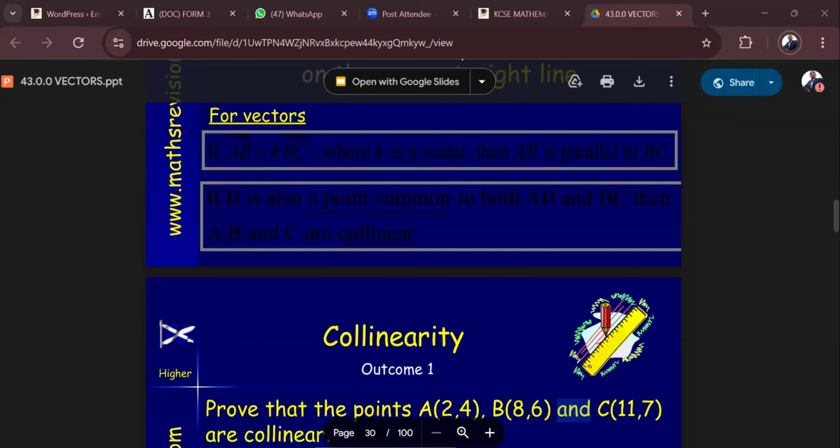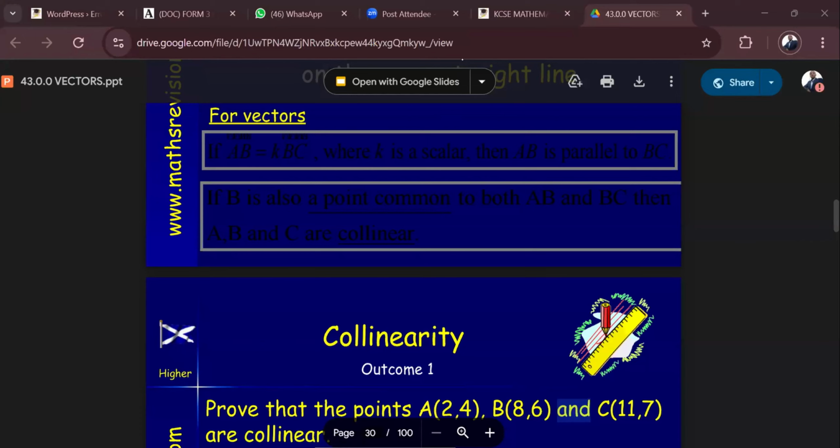I want somebody to give me the components of AB. No one has raised a hand so far. Is it long? It is something small. Good.